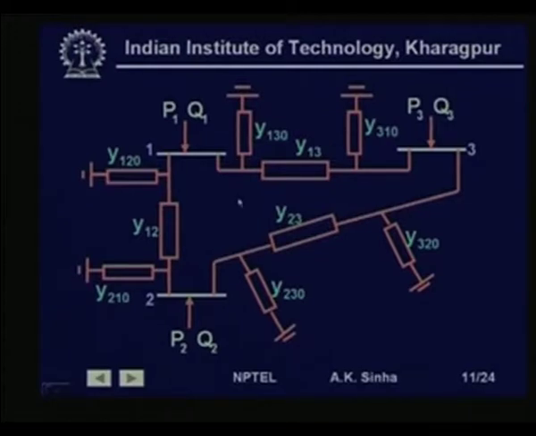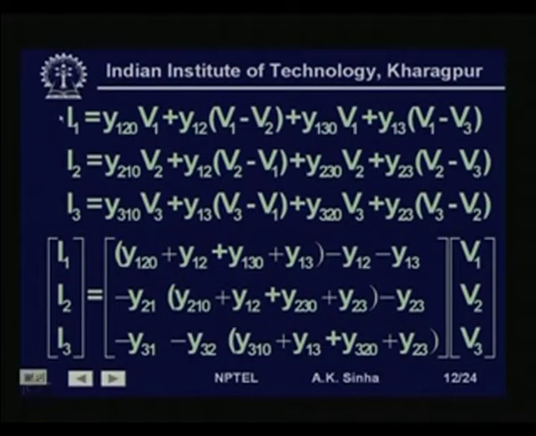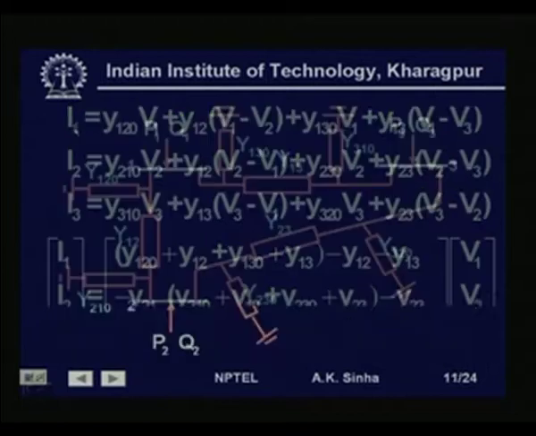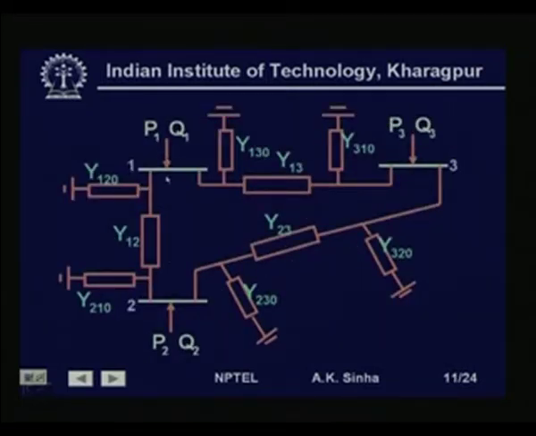Using KCL, I1, the current which is injected here, will be equal to the current flowing through this branch, V1 into Y120, plus the current flowing through this branch, which is V1 minus V2 into Y12, plus the current through this branch, Y13 into V1 minus V3, plus the current through this branch, Y130 into V1.